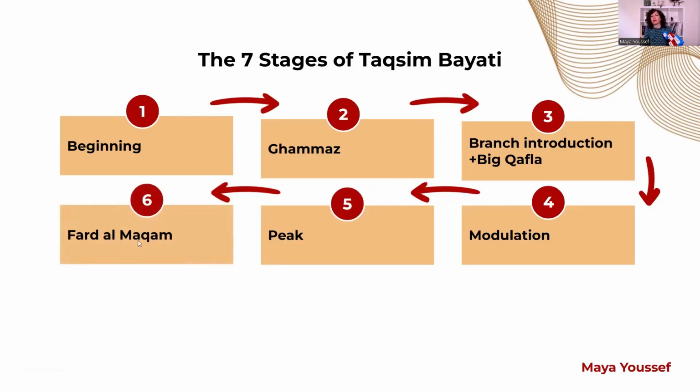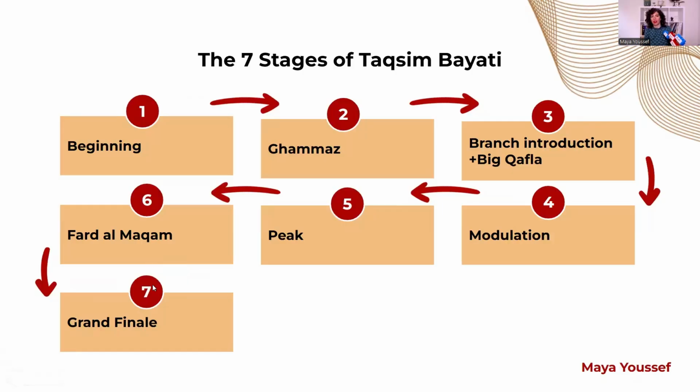And then we're going to do something called fard al-maqam, where you're playing every note in the root and the branch in succession in a rhythmic pattern, and that quickly leads to stop the show, the grand finale. So with that said, let's see how this applies to Si Muhammad Abdul's taqsim in action. Let's dive in.